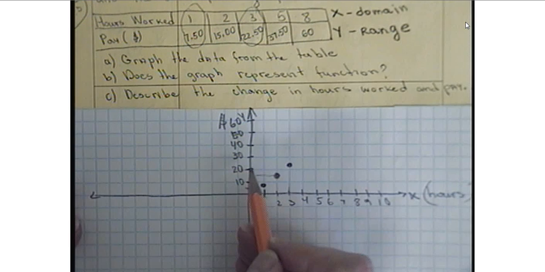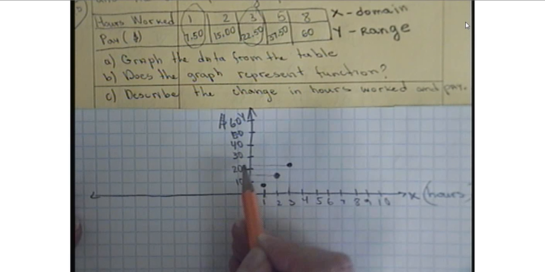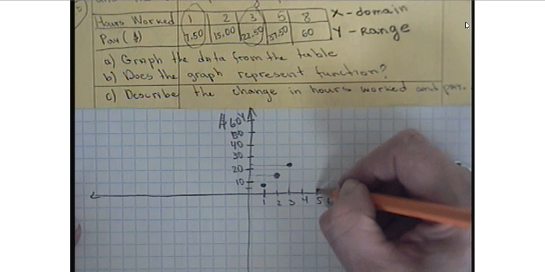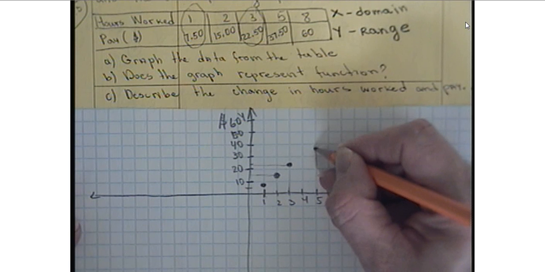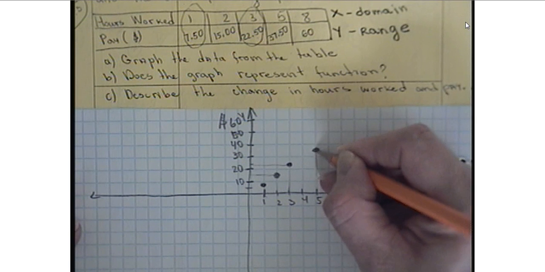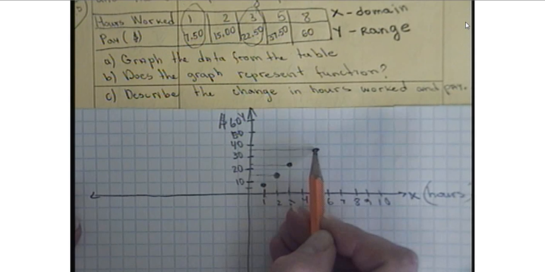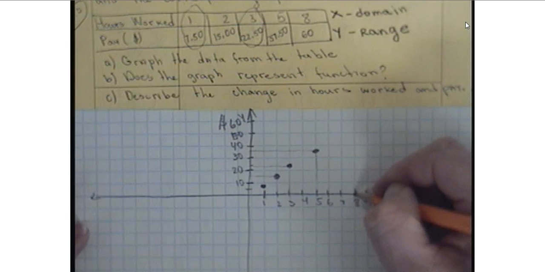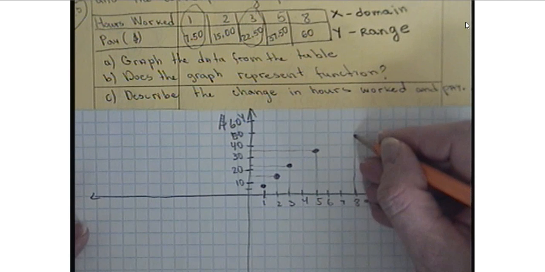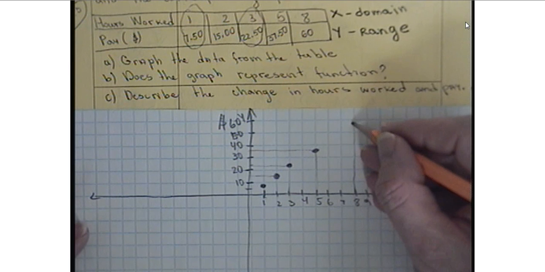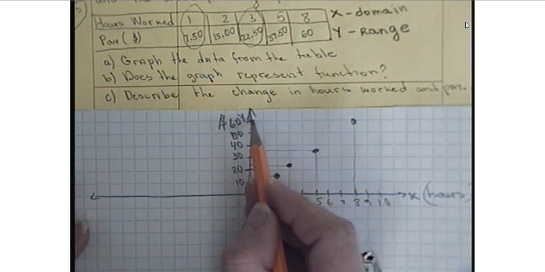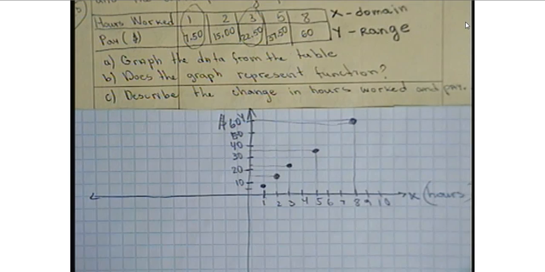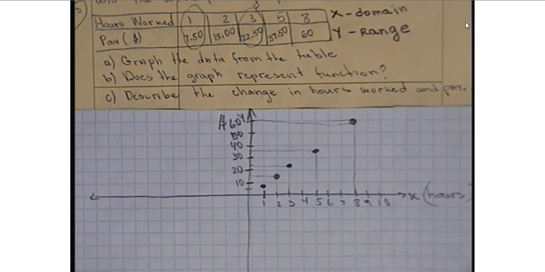Then for 5 hours, we have $37.50, which again is somewhere here. Close, not super accurate, but close enough. And for 8 hours, we have $60, which is exactly up here. All right.